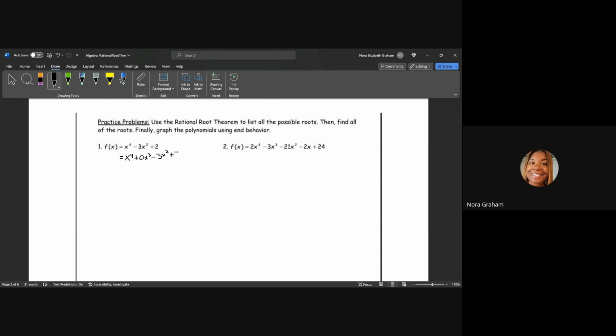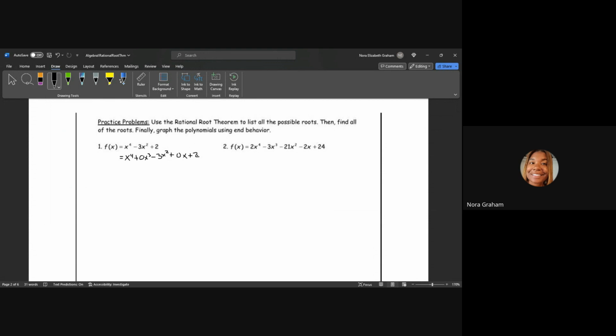Now I account for all of my degrees, fourth, third, second. Oops, I forgot one. The first degree: 0x, and then plus 2. Okay, perfect. So now I account for all my degrees: fourth, third, second, first, and then my constant.